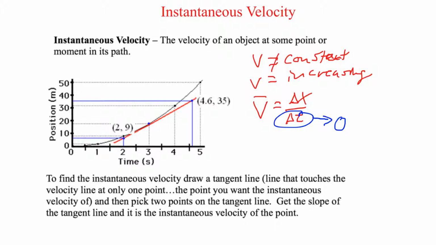Okay? If you look at an object moving, here let's use my pointer. Here's an object moving and the time is ticking along. That was like 3 or 4 seconds?